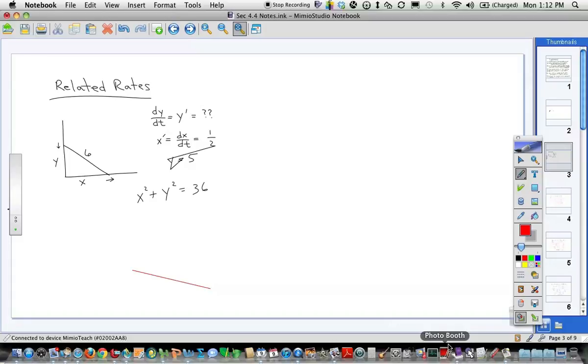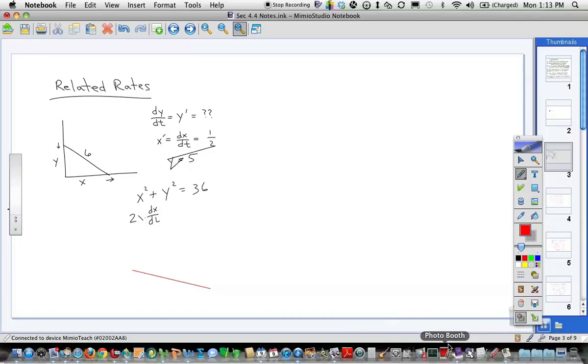So the next step, if you look at the italics, it says write an equation that relates the varying quantities, then differentiate both sides of that equation with respect to time, with respect to t. So what would be the derivative of x squared? X prime. Now again, just to get us started, I'm going to write dx dt.